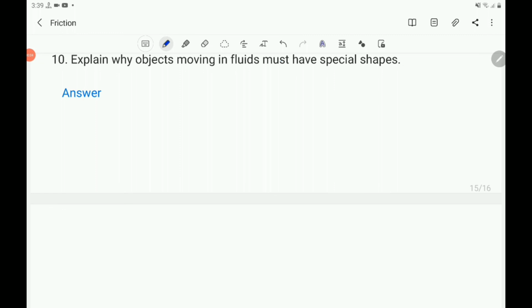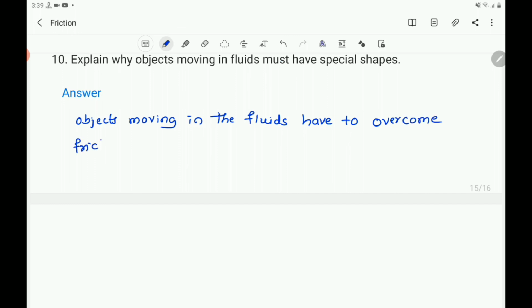Right, objects moving in the fluids have to overcome friction acting on them. In this process, they lose energy.